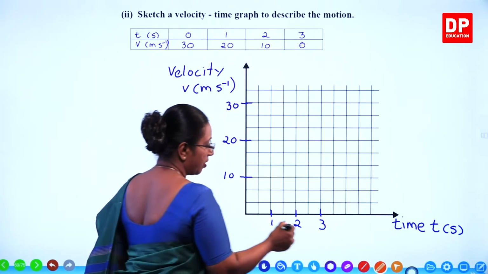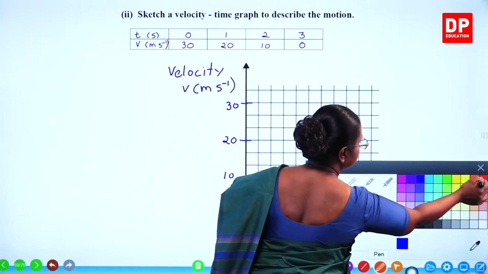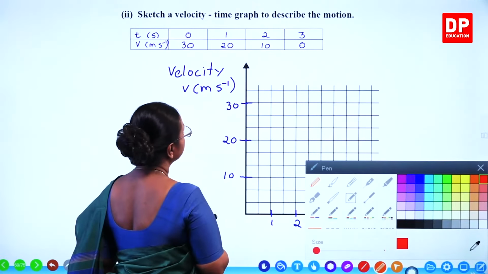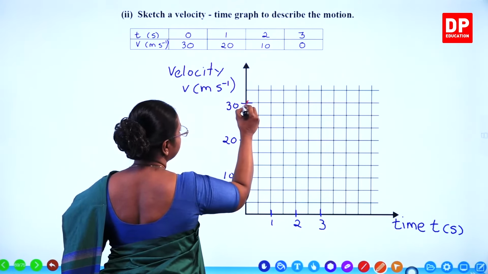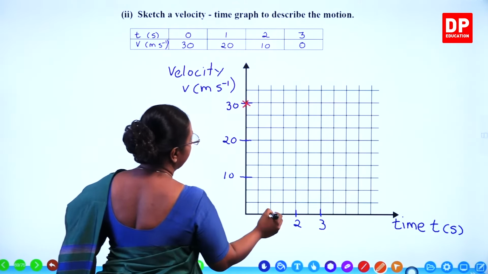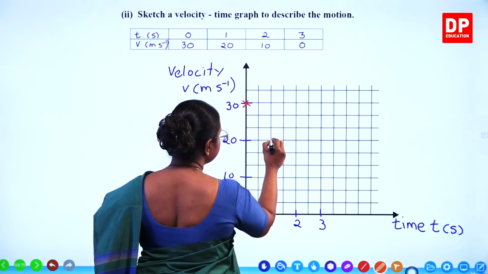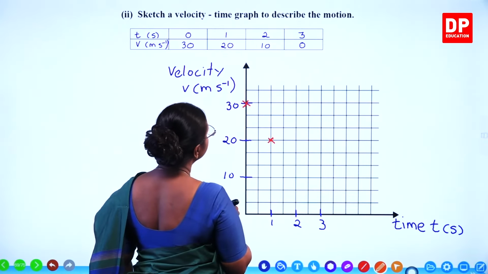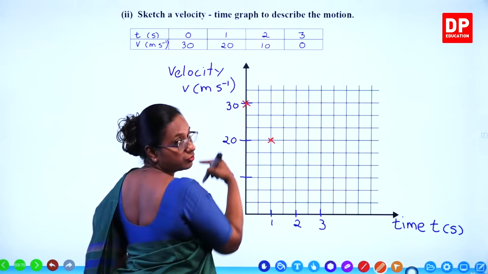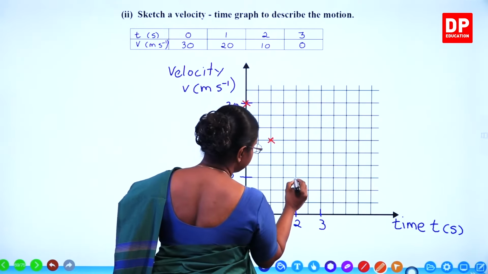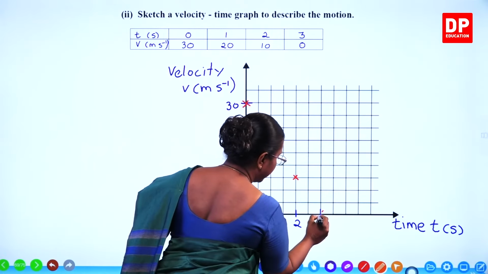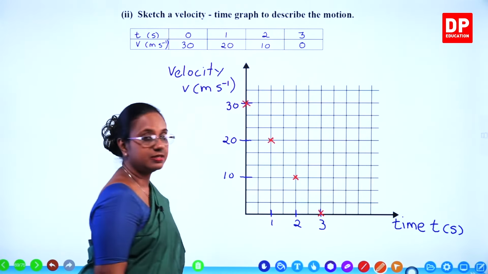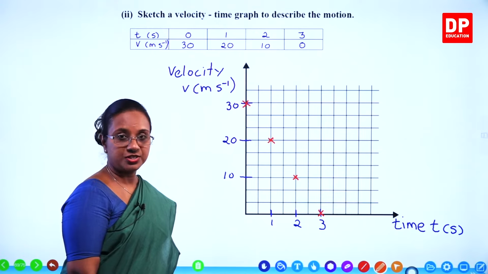The points of the graph will be: initially projected with 30 meters per second; at the end of 1 second, it becomes 20 meters per second; at the end of 2 seconds, it's 10 meters per second; and finally, at the end of 3 seconds, it is 0 velocity.